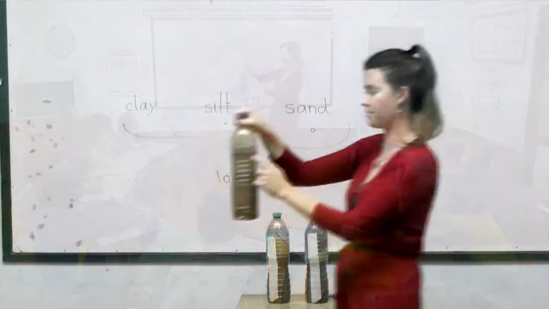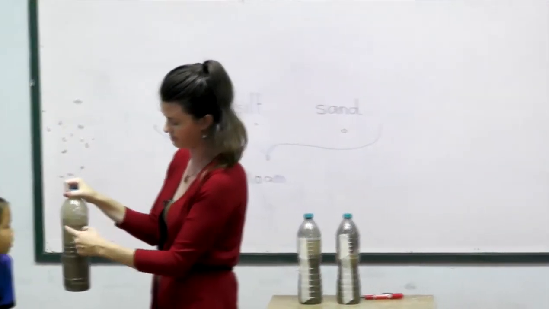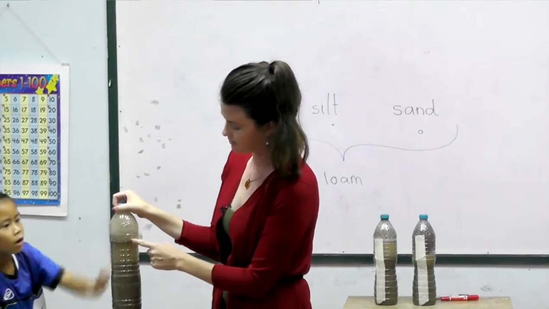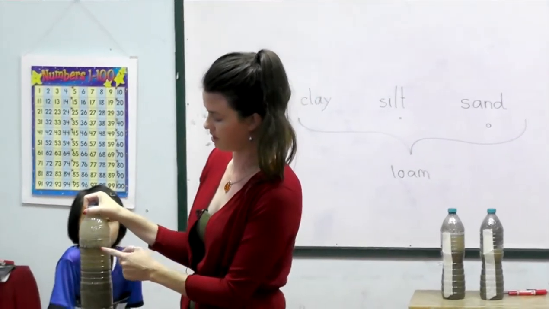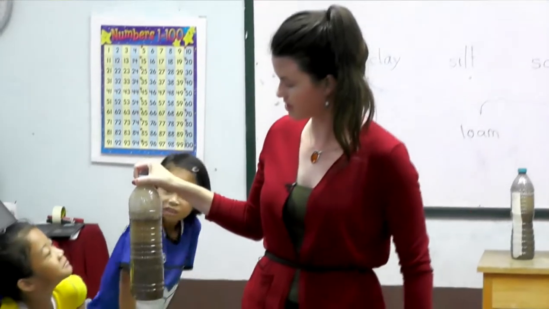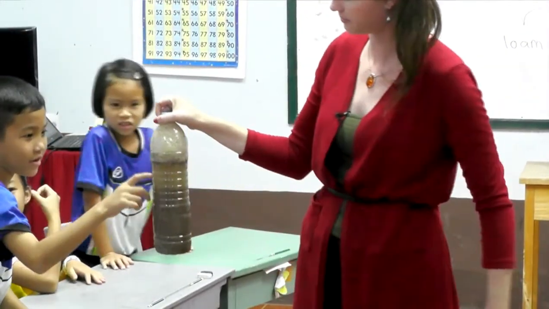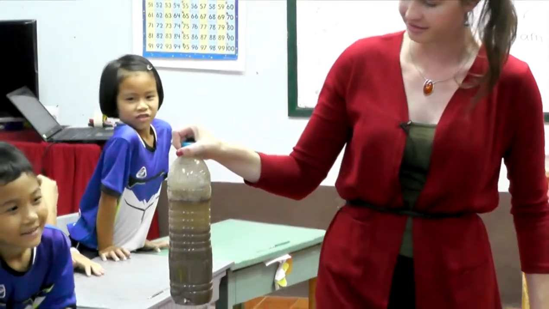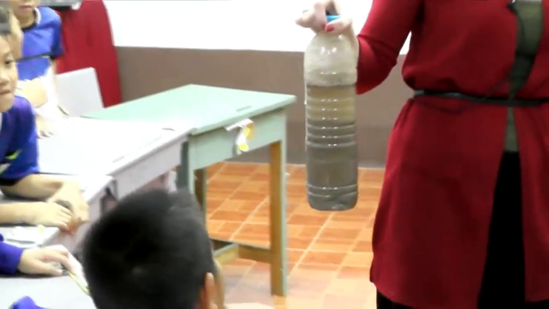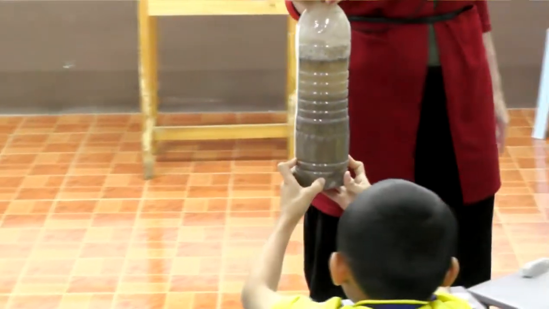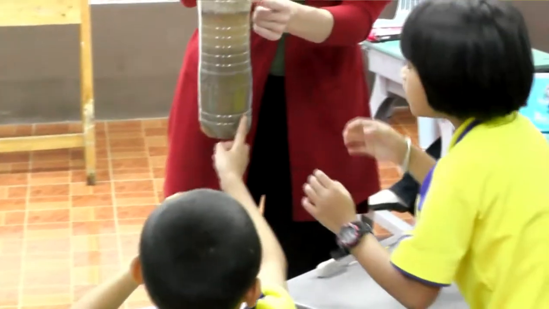Can you see what's on top of our water here? A little bit of bubbles. What's floating on that water? Can you see what that is floating here on that water? Do you see what these little things are? Look up here.